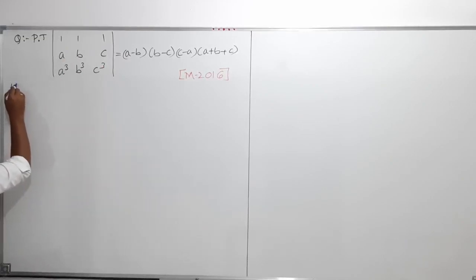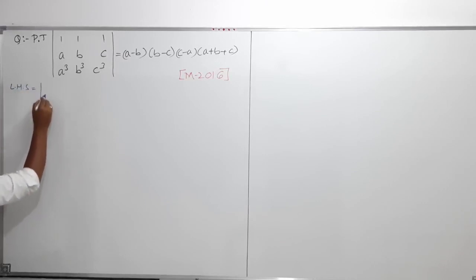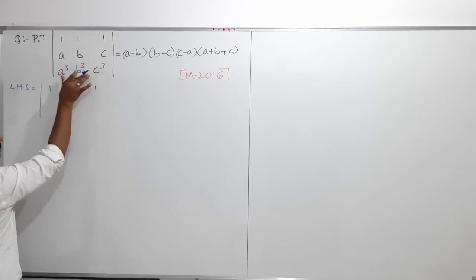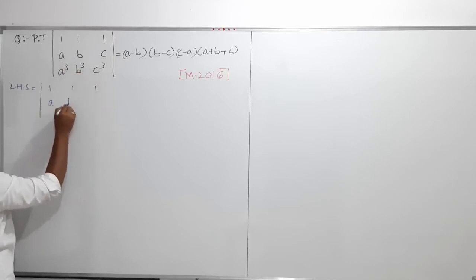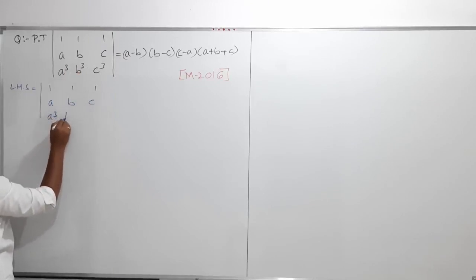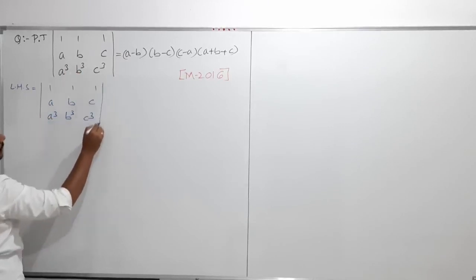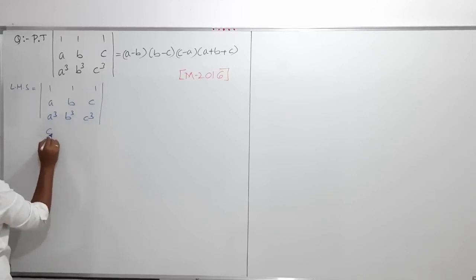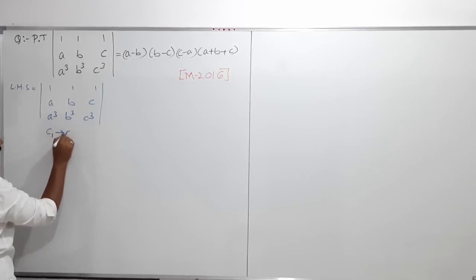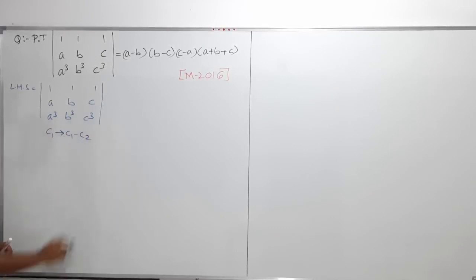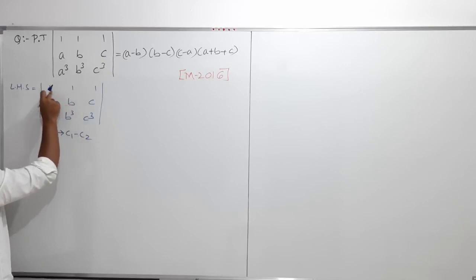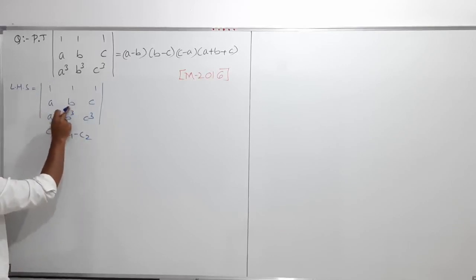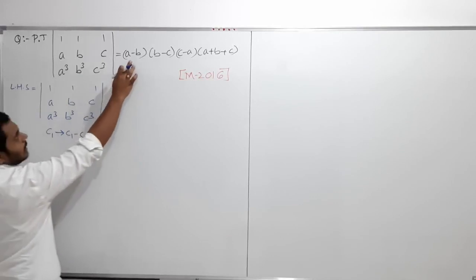Before that, consider the LHS. What is the LHS here? It is 1 1 1, a b c, next a cube, b cube, c cube, the same as in the question given to you. Now I apply the operation: C1 changes to C1 minus C2, because 1 minus 1 is 0, and this element minus this element gives a minus b, so you will get a minus b outside.